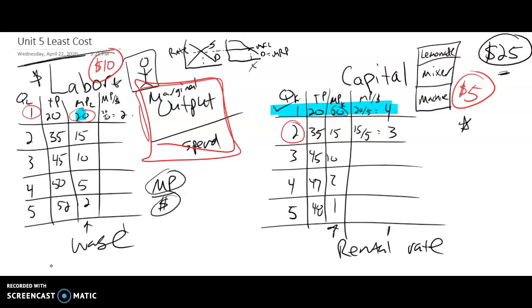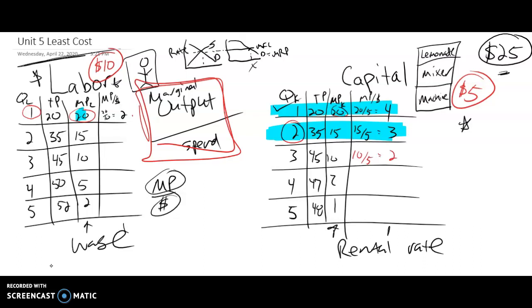Well, no, actually, hiring the second one over here is still worth it, because I get 3 units of output for every dollar that I spend instead of the 2 units of output for every dollar that I spend by hiring a person. So I'm going to hire another machine. And then I compare again. And here I go 10 divided by 5 equals 2. Well, now I'm kind of indifferent.